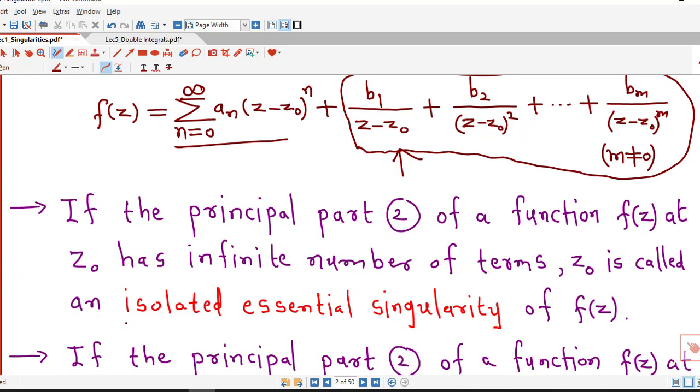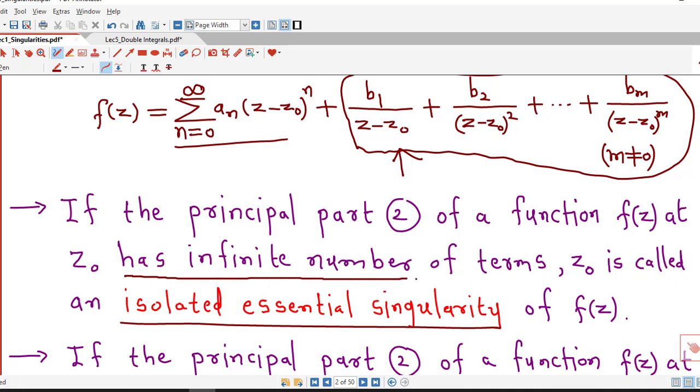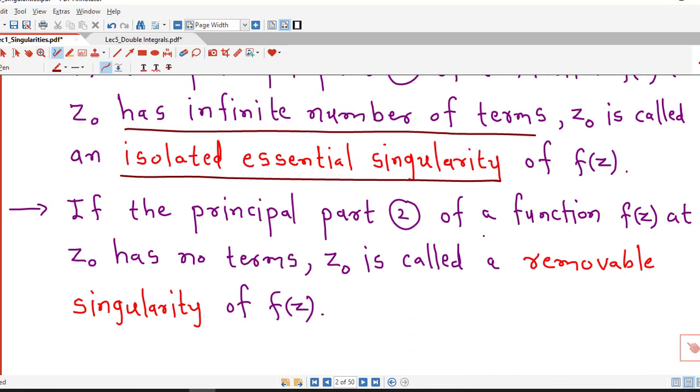Now another definition is the isolated essential singularity. If the principal part of a function f of z at z0 has an infinite number of terms, then z0 is called an isolated essential singularity of f of z.